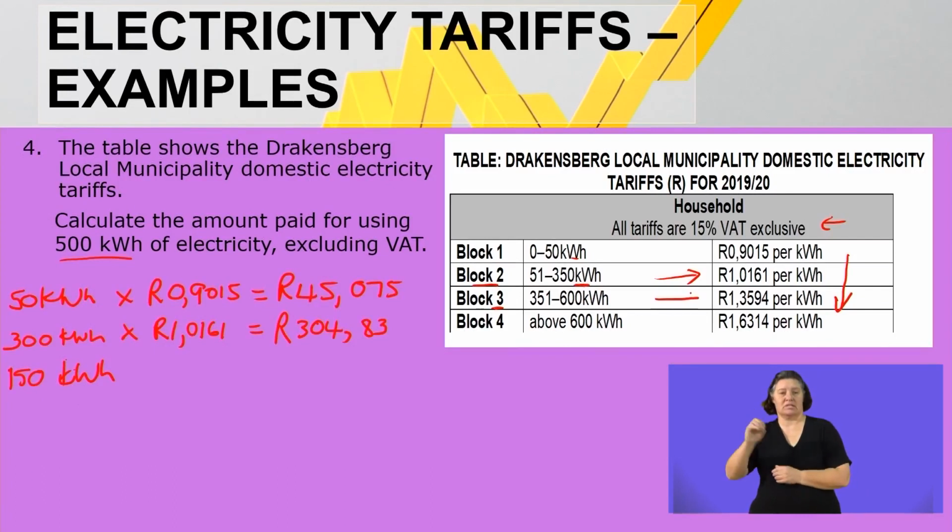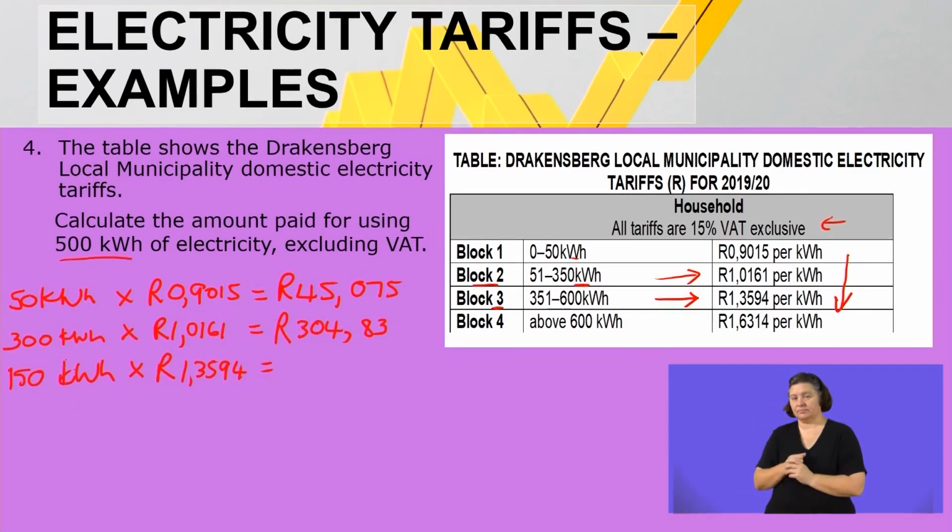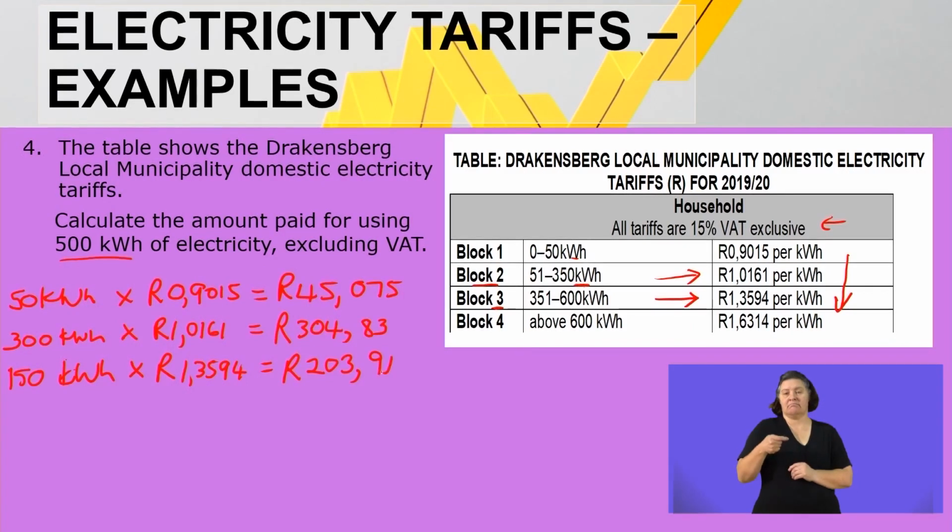What is the rate in block number 3? I multiply the 150 with 1.3594. Let's see what that will give us. So 150 multiplied by 1.3594. This gives us an amount of 203 rand and 91 cents.